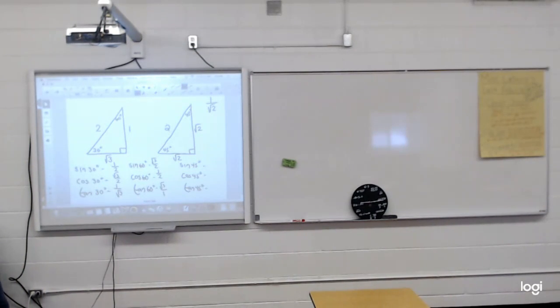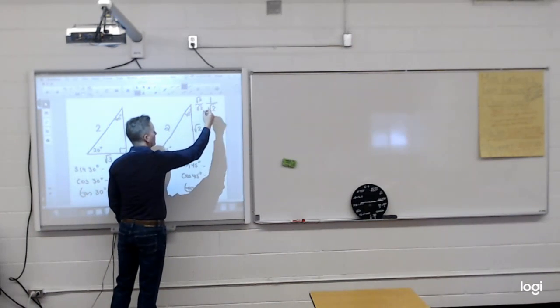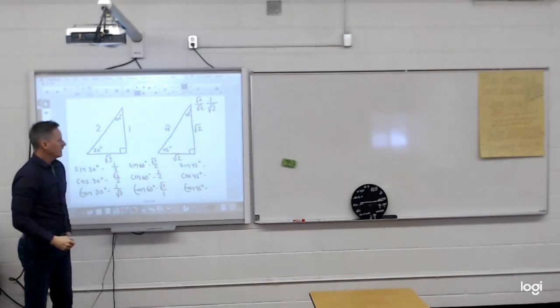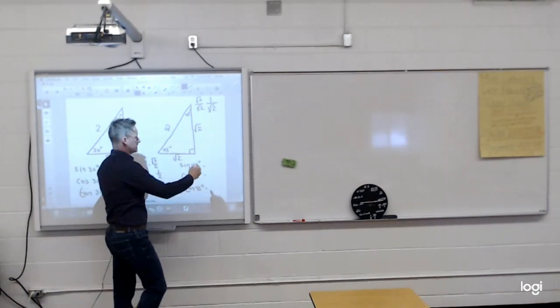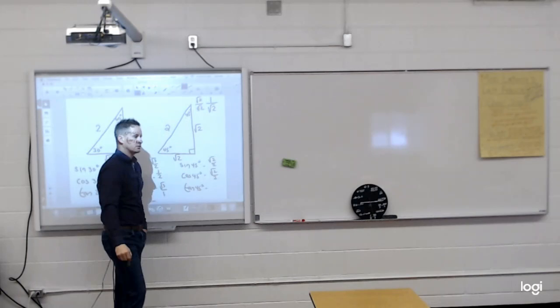Okay? Because if I times this by root 2/√2, what do I get? Root 2 times 1, root 2 times root 2 is 2. Okay? So the sine of 45 degrees, the ratio is root 2/2. Cos of 45 degrees, the ratio is root 2/2.